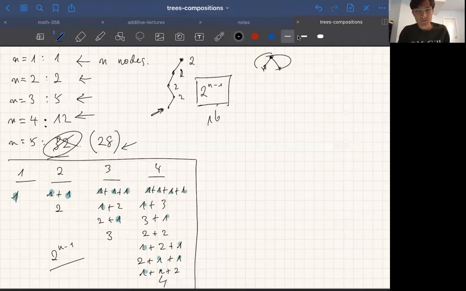So I don't remember the formula or how I did it. There may have been a way to do it recursively. Say that we know how many trees, I keep calling them noodle trees, how many noodle trees there are on n equals 4. Does that in any way tell us how many noodle trees there are on n equals 5?